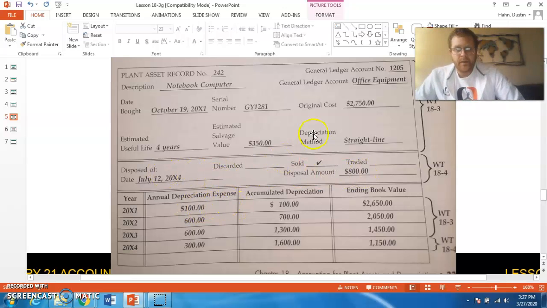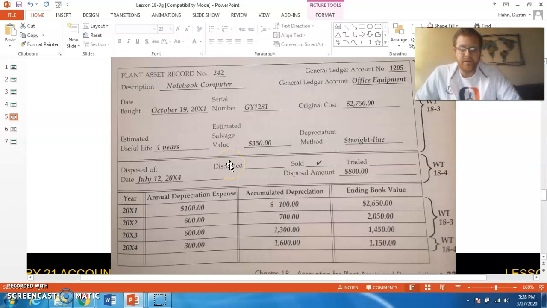To figure it out, you take your 2,750 minus your 350, and you come up with 2,400. Divide 2,400 by 4, and you get 600. However, you bought this in October, so we are using 2 months' worth of depreciation, November and December. Take that 600, divide it by 12, and you get 50.